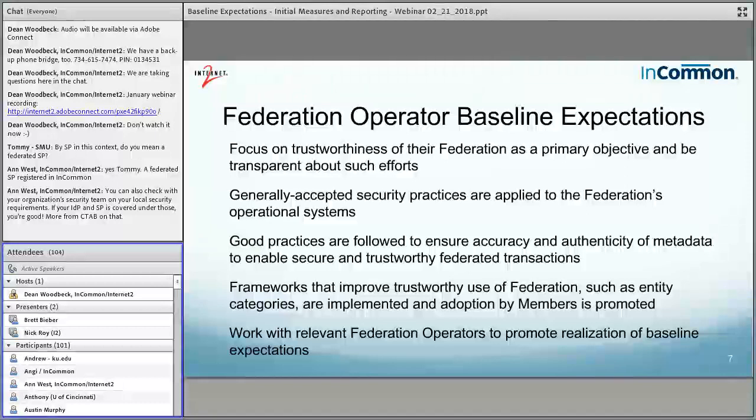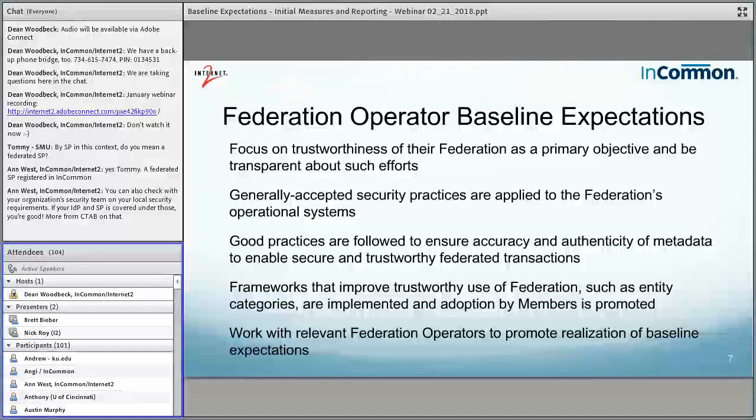and trustworthiness. We have to apply generally accepted security practices to our infrastructure. We have to follow practices to ensure the accuracy and authenticity of the metadata that you entrust to us, and to make sure that it is handled in a secure way, and that it in turn can be trusted.